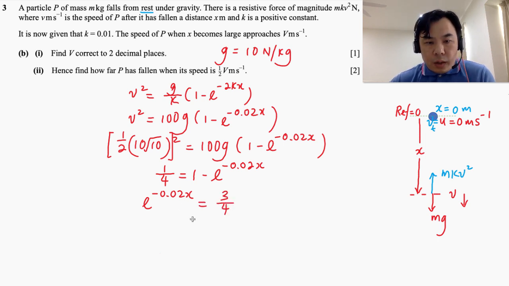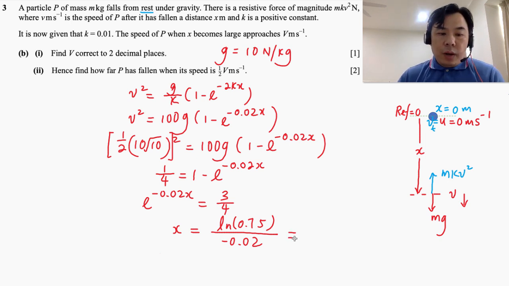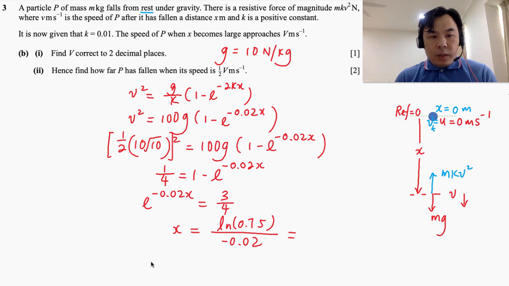Then your x will be ln of 0.75 divided by negative 0.02, and that will be how far it has fallen in this case.